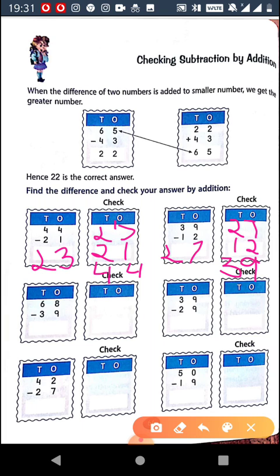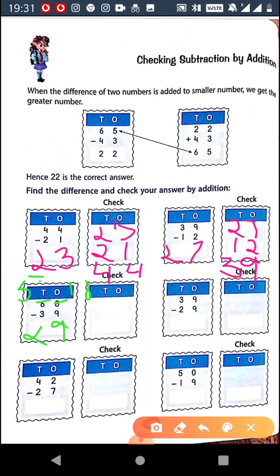When we borrow 10 from the tens place, we are left with 5 tens, and this 10 is added to 8 ones. So 10 plus 8 is equal to 18. Now you subtract. 18 minus 9 is equal to 9, and here we are left with 5. So 5 minus 3 is equal to 2.